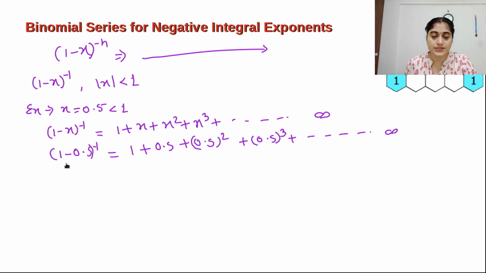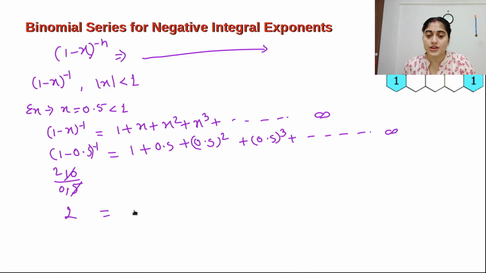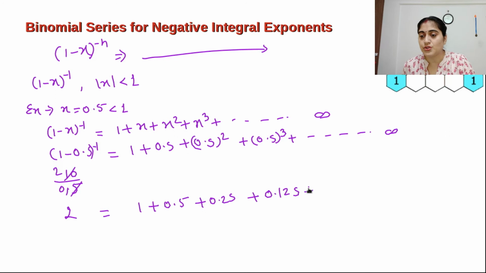So what is the answer of this? 1 upon 0.5, so this will be 1 into 2. So the answer is 2. And here you see 1 plus 0.5 plus 0.25 plus 0.125 and so on. The terms keep on decreasing, so they go towards 0; at the end it will show something like 0.0000.